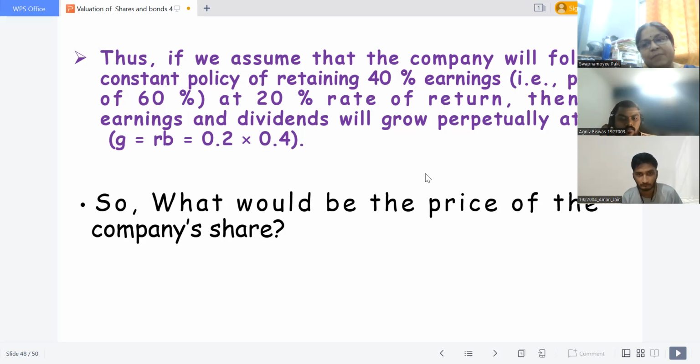Calculate the share price of this company. There we saw the price of the company which was not retaining anything, no retention ratio. In this case, with a retention ratio of 40, what is the price of the share? Let us calculate. Tell me the answer.